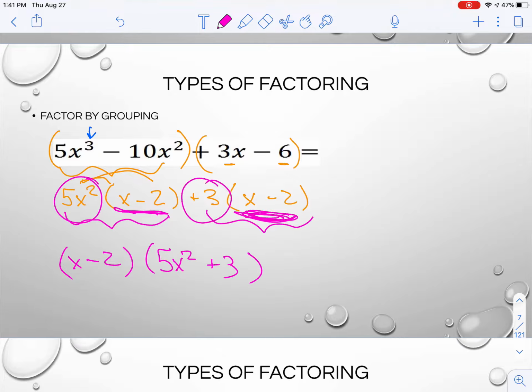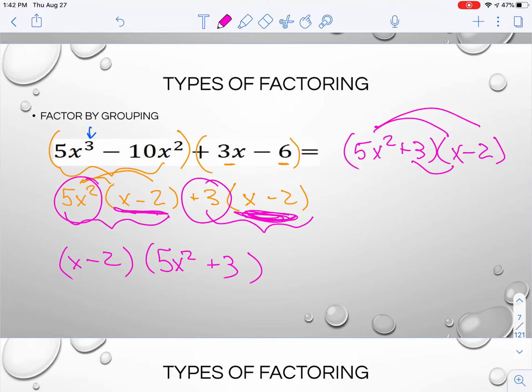That and that is what remains. So our final product, and it doesn't matter which way you put it, would be 5x squared plus 3 times x minus 2. Commutative property says it doesn't matter. If we were to redistribute all this, we would get the same sum that we started with over here, and that's one way you can do it.